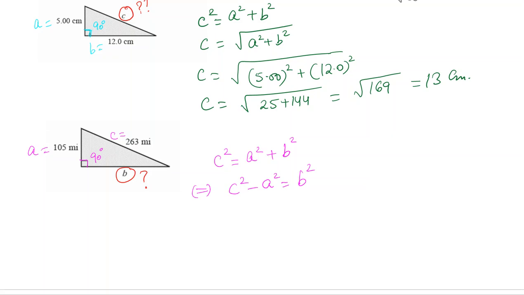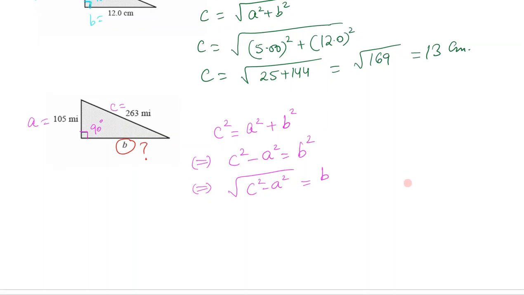Now we don't need B square, but we need B, so we can take the square root on both sides, and we see that B is isolated. In this case, we got B is equal to the square root of C square minus A square.